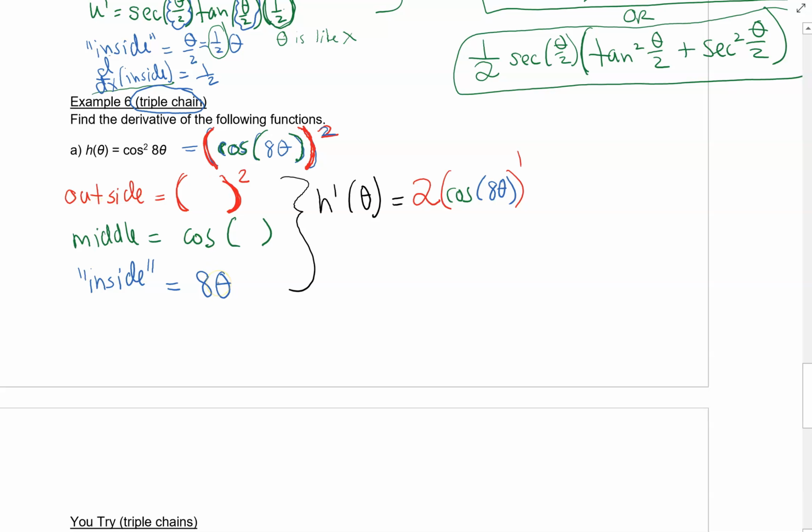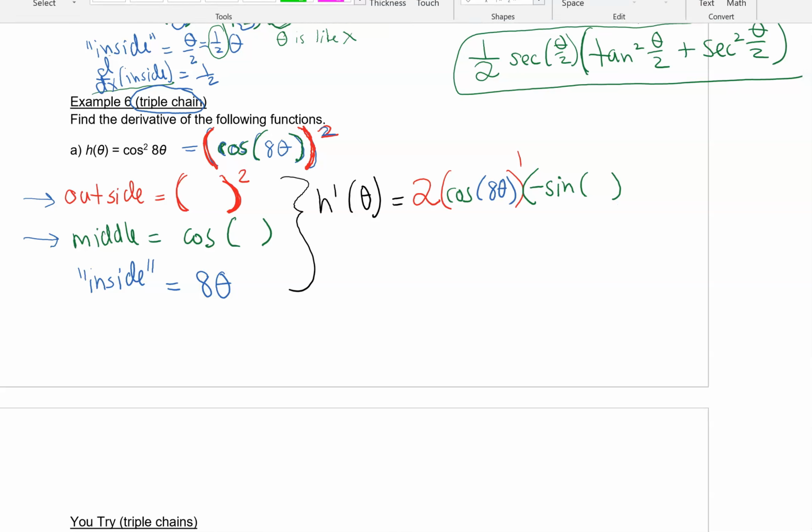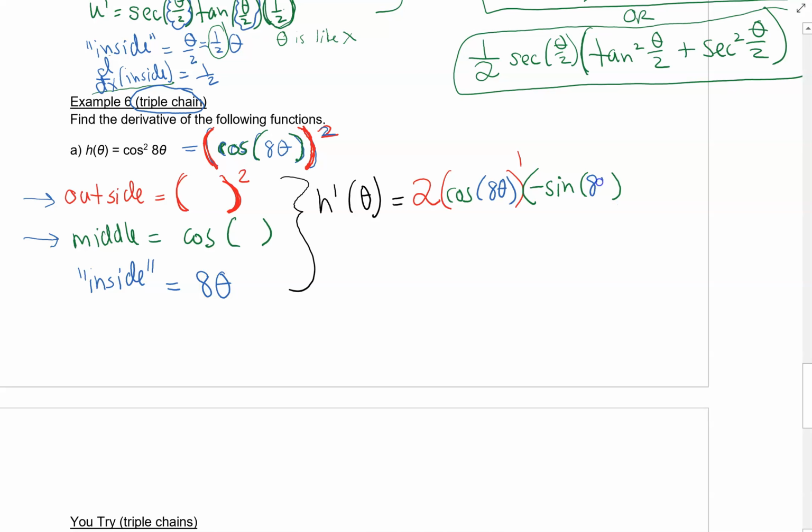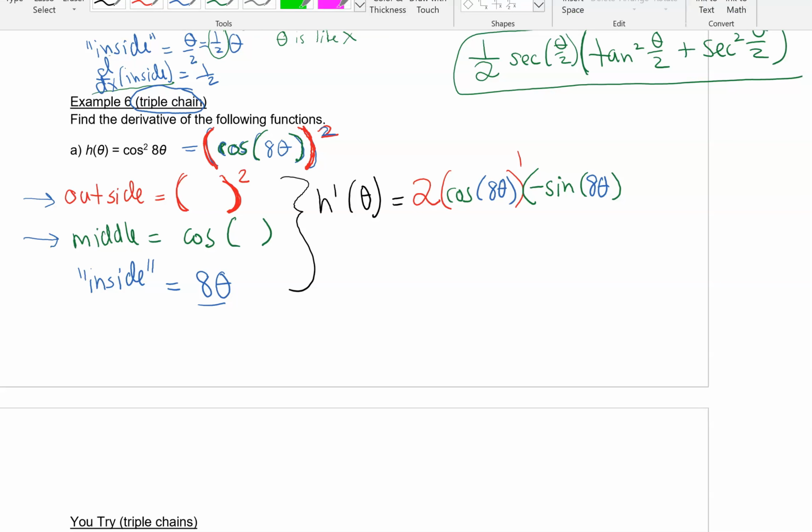I leave the inside layers alone. So I just did a power rule for the outside one. For the middle one, which I now multiply to the end, is the derivative of cosine, which is negative sine. But I leave the 8 theta plugged inside because that was like the inside part. So when I was doing the derivative of its outside, which was the middle, I kept 8 theta alone. I didn't mess with it yet.